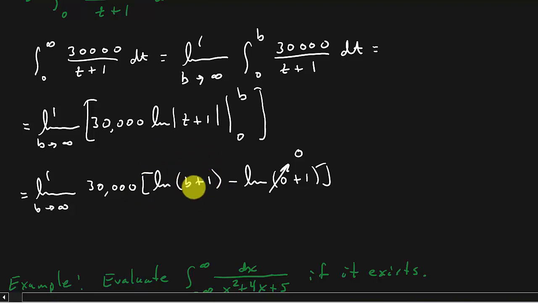So as b gets larger and larger, this whole thing is getting larger and larger. So we would say this is going to infinity. And this actually diverges.